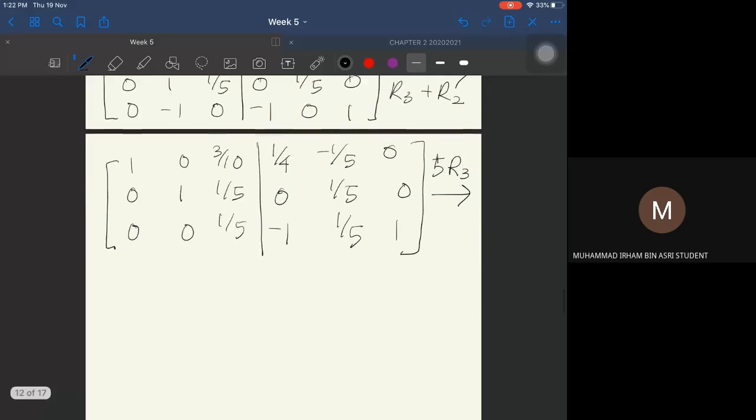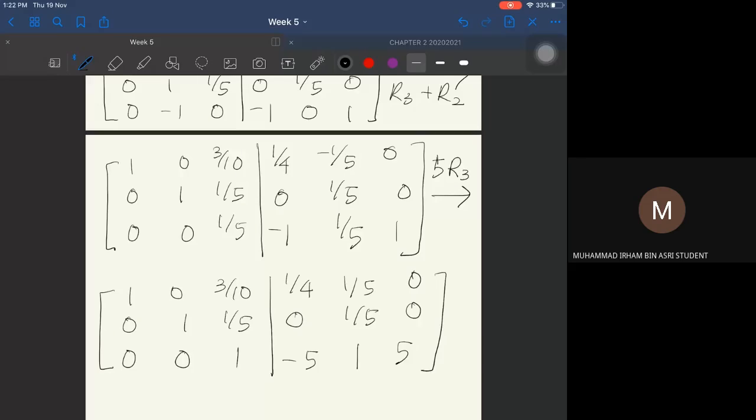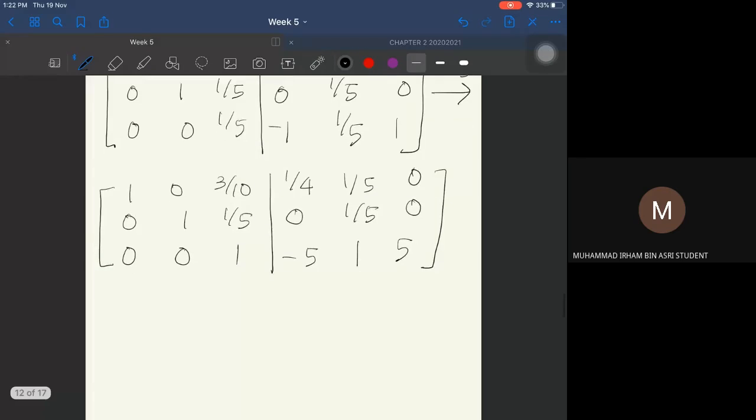So you akan dapat 1, 0, 3 per 10, 0, 1, 1 per 5, 0, 0, 1. 1 per 4, 0, negatif 5, 1 per 5, 1 per 5, 1, 0, 0, 5. Ya, betul memang.